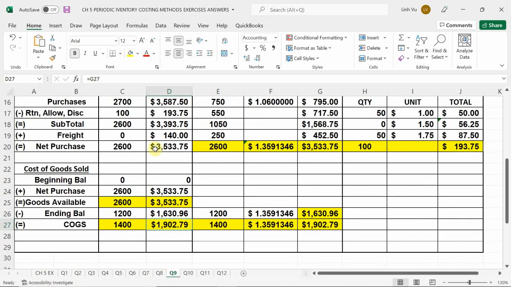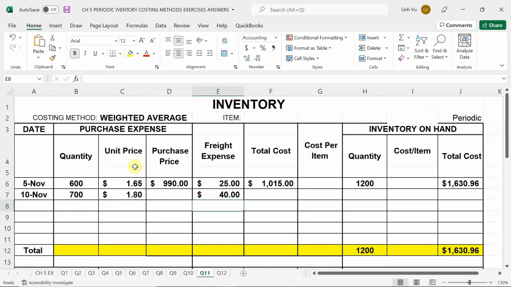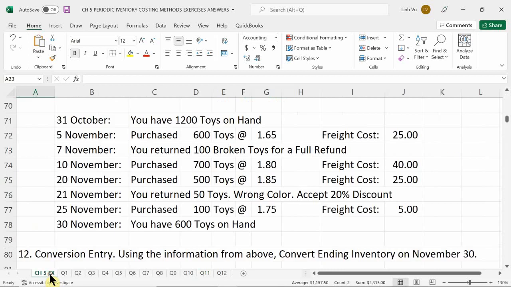Okay. So in this case, what's my purchase price here? Oops. Wrong question here, 11. What's my purchase price here? $1,260, good. Plus 40? $1,300. Okay. And then fast forward, it's now November 20th. We end up purchasing an additional 500 toys at $1.85 with a freight of 25.